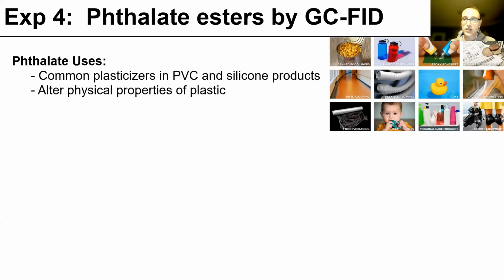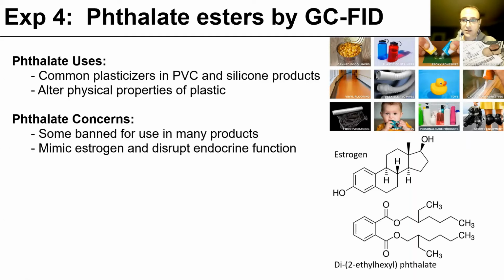It could be to change their color or their transparency. They're used for a lot of different reasons. But we are concerned about these because they are so commonly used, and they're in products like water bottles, or baby toys, or personal care product packaging. We're concerned that we might be exposed to them as humans.